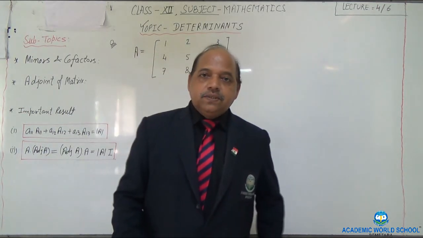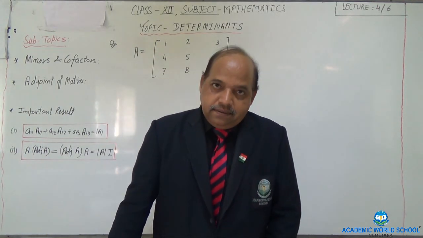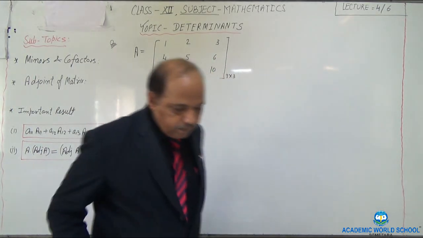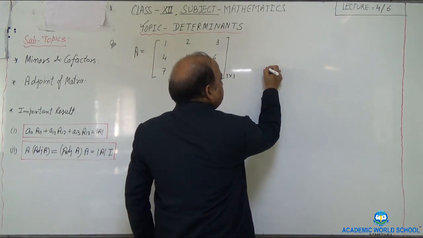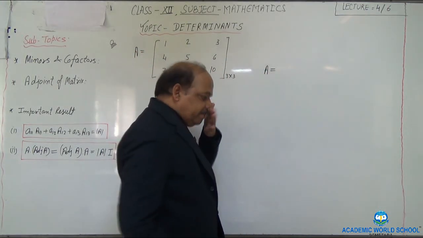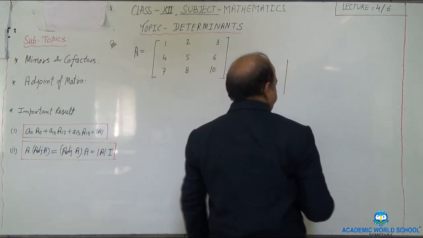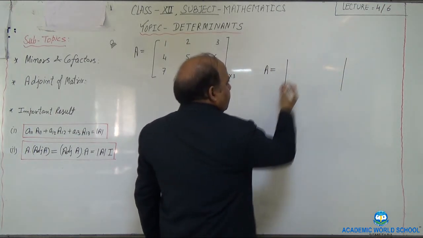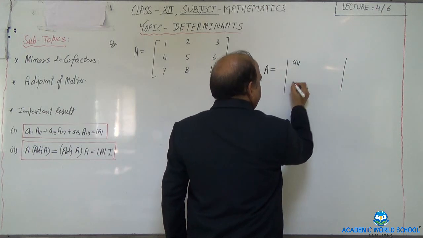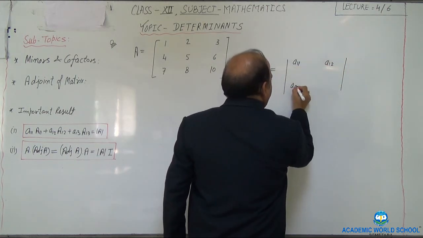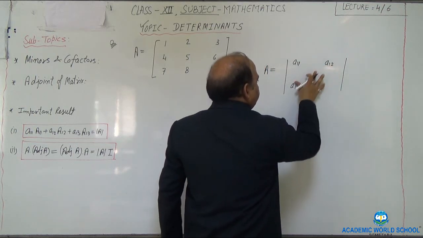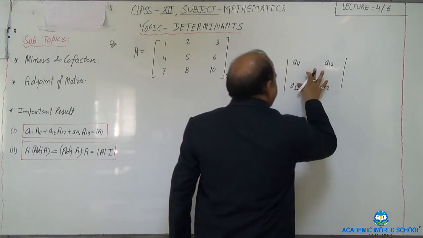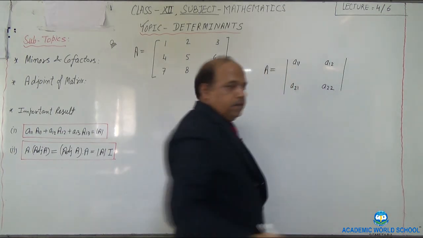So the very first thing is, what are minors and cofactors? We need to understand that first. So I am taking one question. Let's say A is equal to A11, A12, A21, A22.